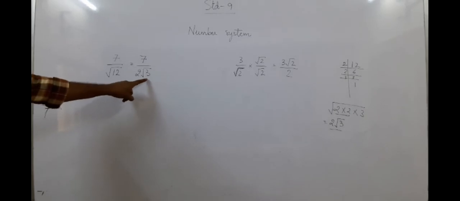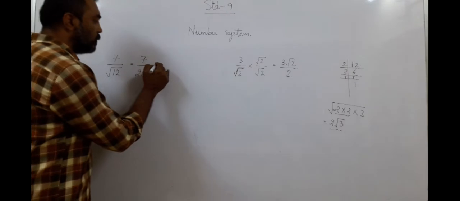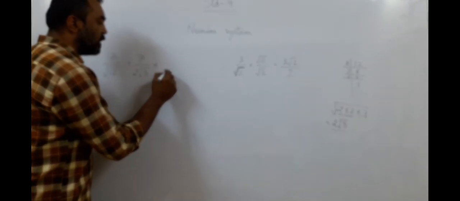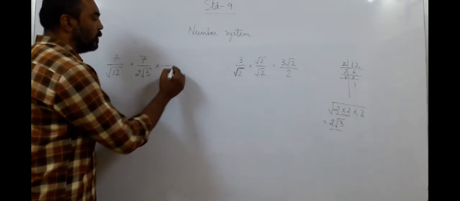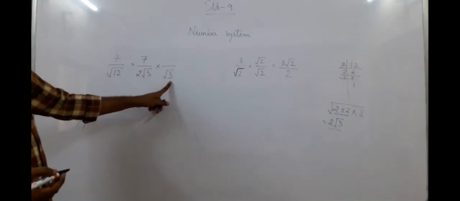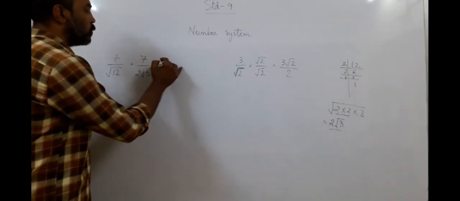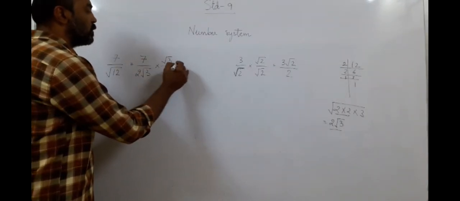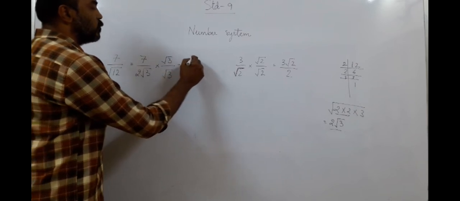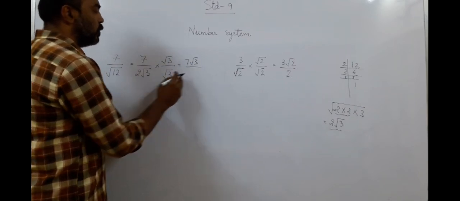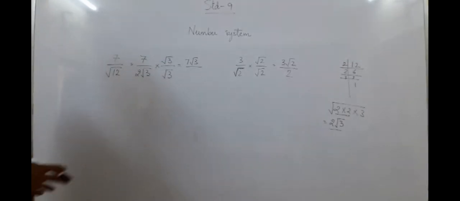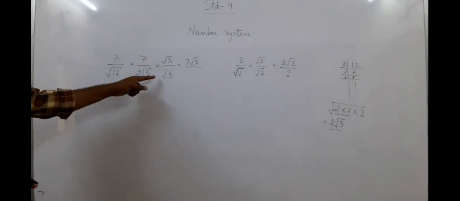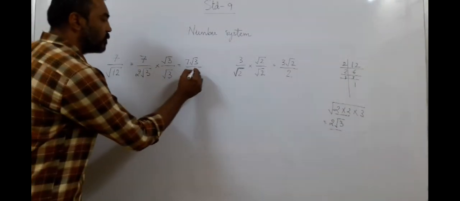Now the irrational part is root 3. So how do I rationalize root 3? Root 3 is rationalized by multiplying by root 3 only. But because I multiply the denominator by root 3, I have to also multiply the numerator by root 3. So we get 7 root 3 upon 2 into root 3 into root 3, that is root 9, that is 3, and 2 3s are 6.